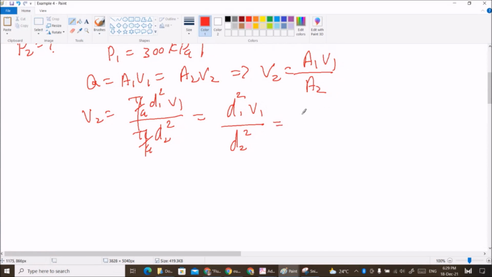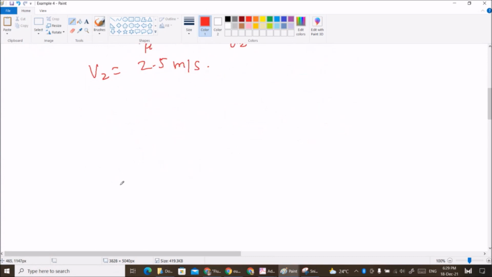So 0.08 square into V1 is 10 meter per second divided by D2 is 0.16 square. So we will get V2 is equal to 2.5 meter per second.